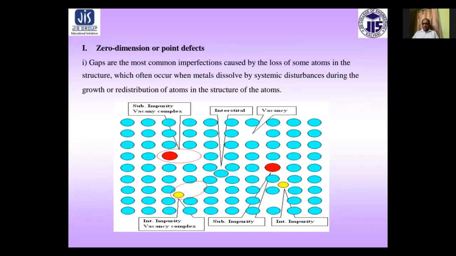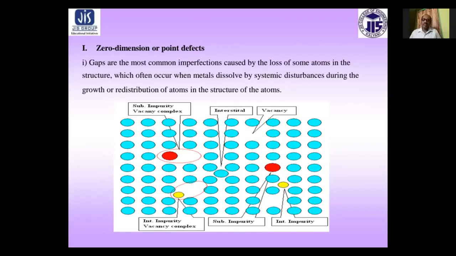Now, once the atoms are free from their lattice site, they give rise to point defects. Also, due to the presence of impurity atoms, point defects are likely to come into the crystals.